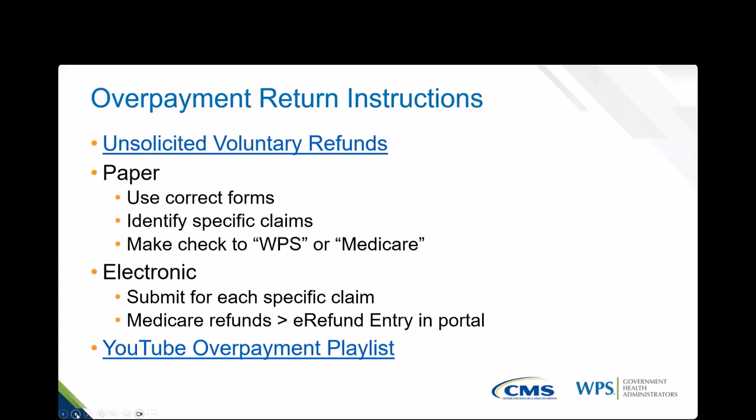However, the easiest way that you're going to be able to do that is electronically. And you can submit the voluntary refund for each of the specific claims that are involved. In the information on the portal, you're going to do the Medicare refunds and then do the e-fund entry in the transactional portal itself.